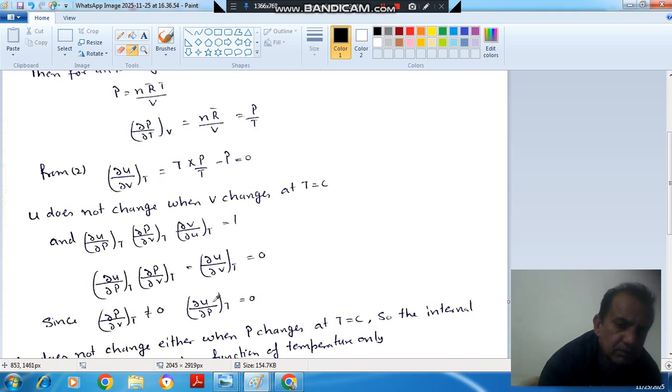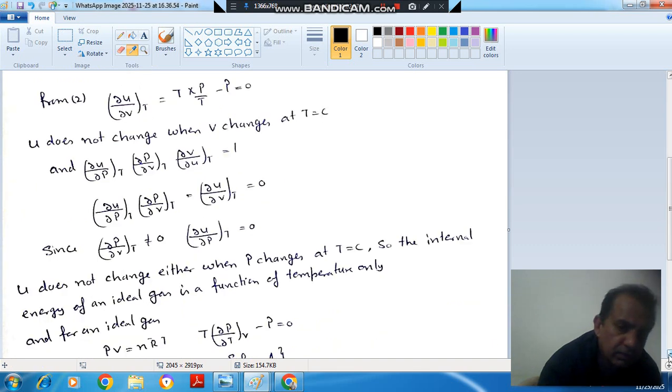Okay, so U is also not a function of pressure at constant temperature. So it means U is only a function of temperature. It is not changing with P, it is not changing with V, so it is only a function of temperature for an ideal gas.